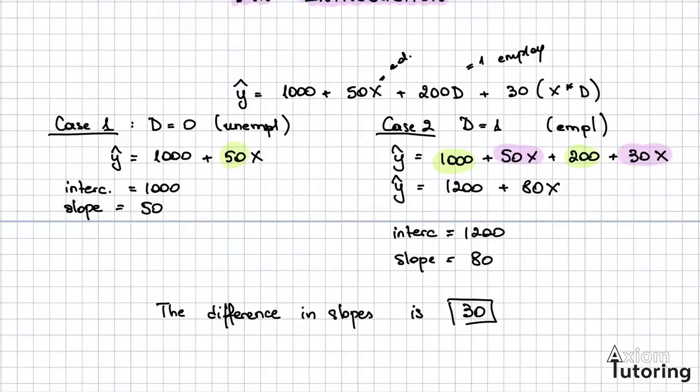And 30 is exactly the beta that you had in front of the interaction term. So beta 3 is shifting the slope by 30. And by analogy, the same way that the 30 is shifting my slope, this 200 is what is shifting my intercept. So the change here is from 1000 to 1200.